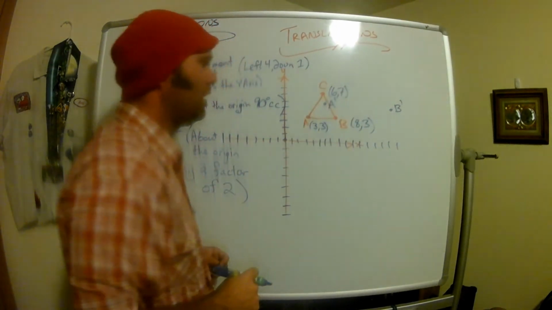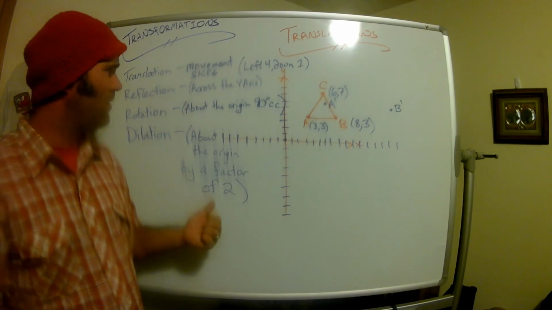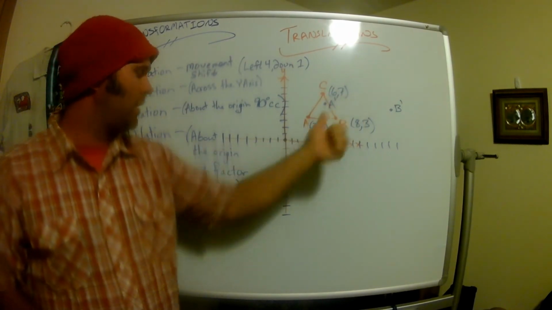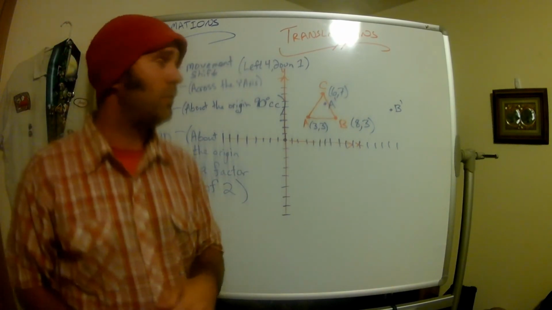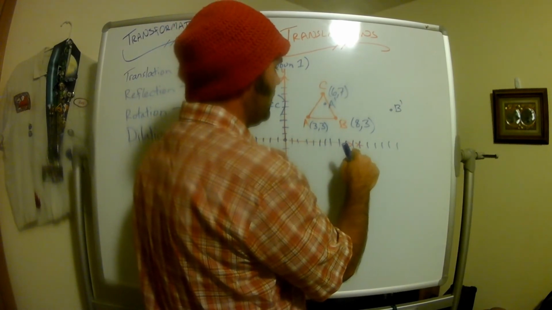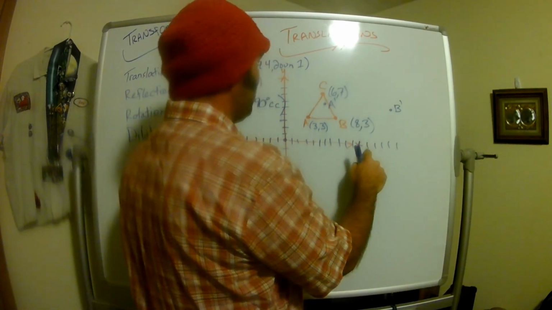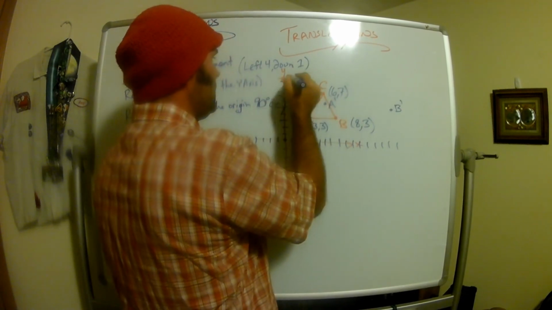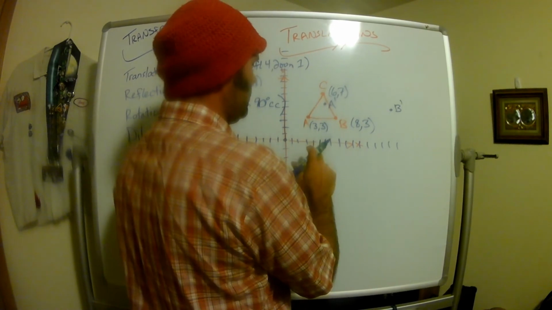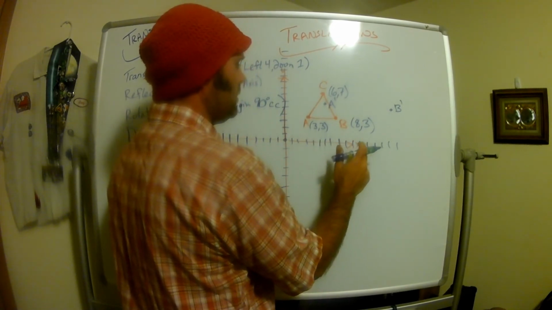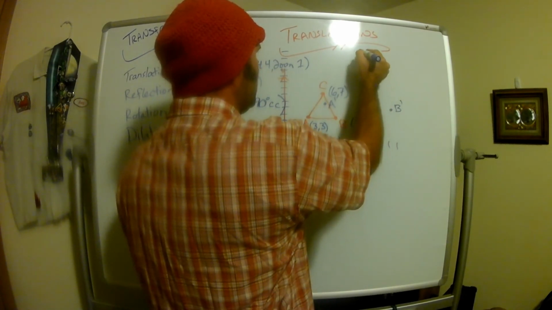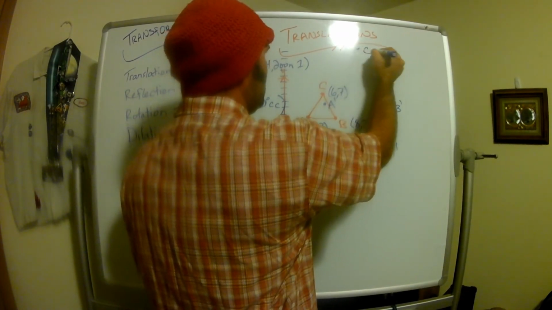That's right, I remember that now: (6, 7). So 6 times 2 is 12, and 7 times 2 is 14. So (12, 14). Over 12, and then 14 is way up here. C prime.